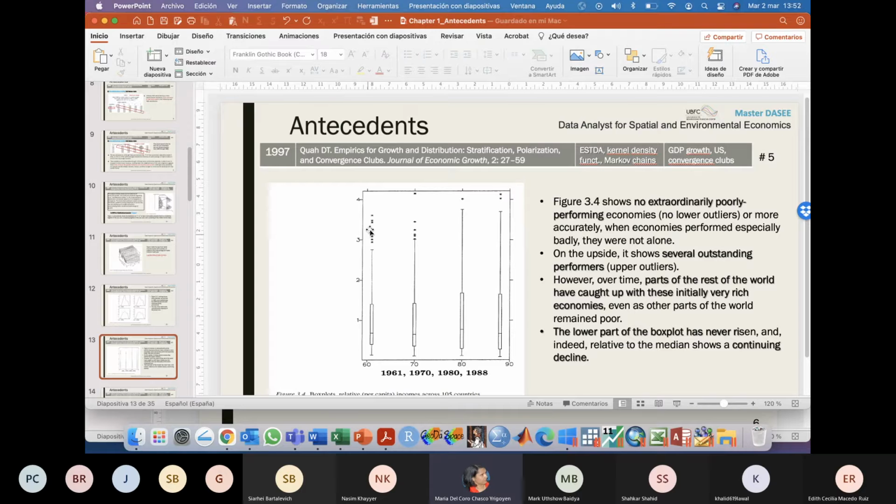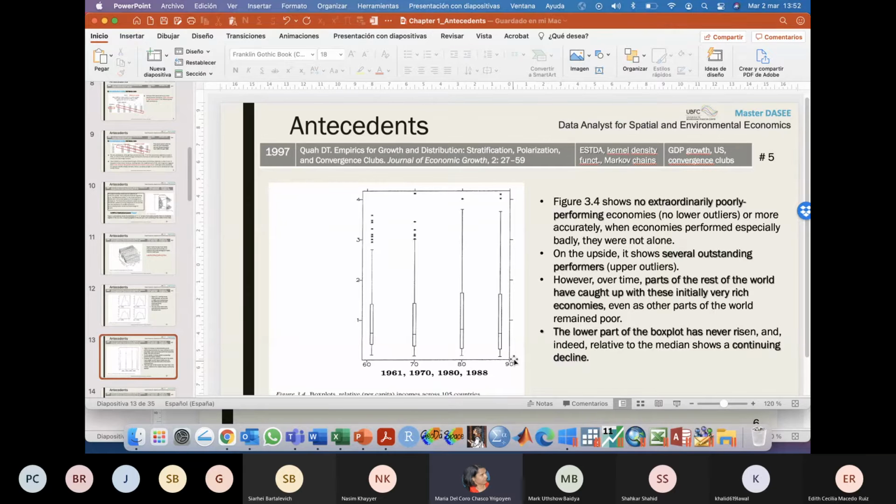The upper ones, these dots, correspond to countries with very high values of per capita incomes compared to the rest of the distribution. But we don't see this for countries in the lower part of the distributions.